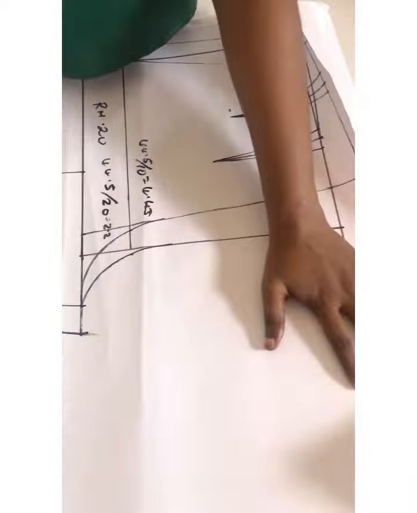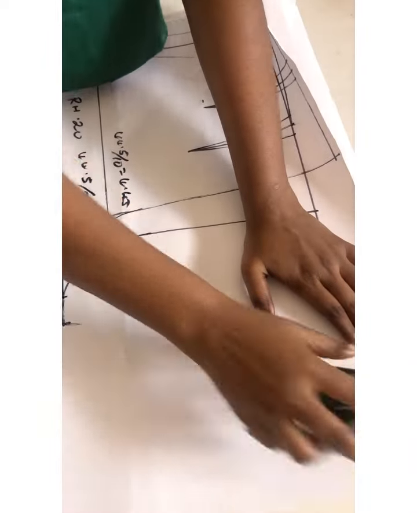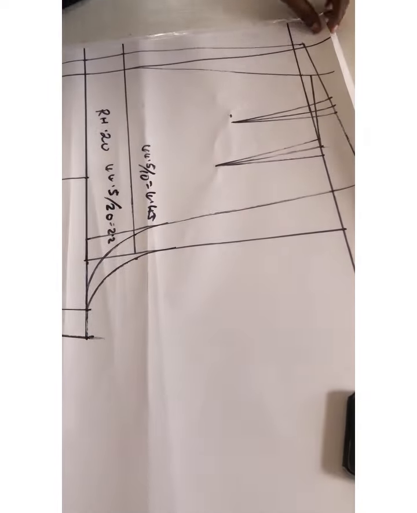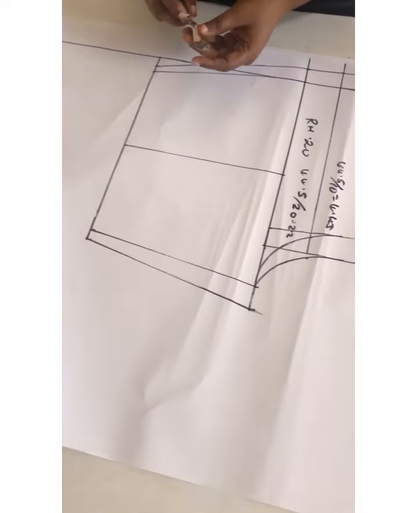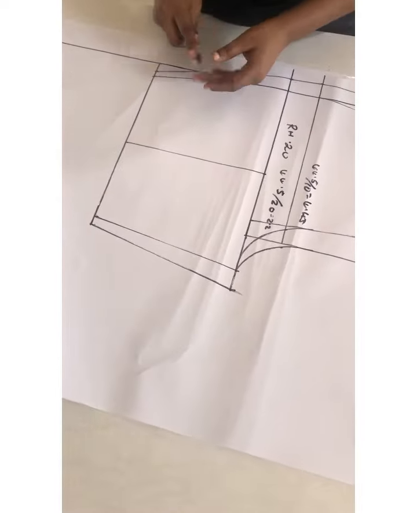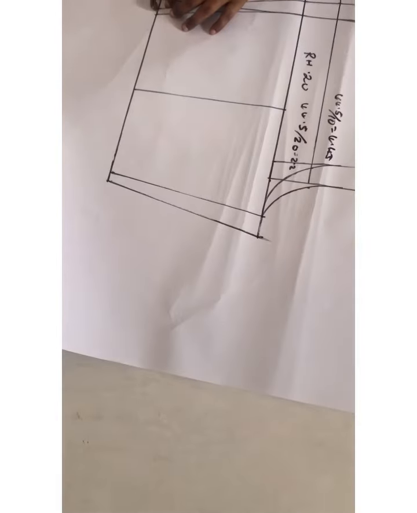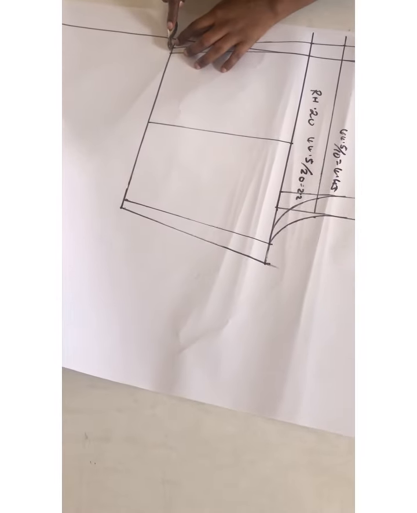So I'll be doing this. I'm using my tracing wheel. Now I'll be doing the length. I'll be tracing out the length.